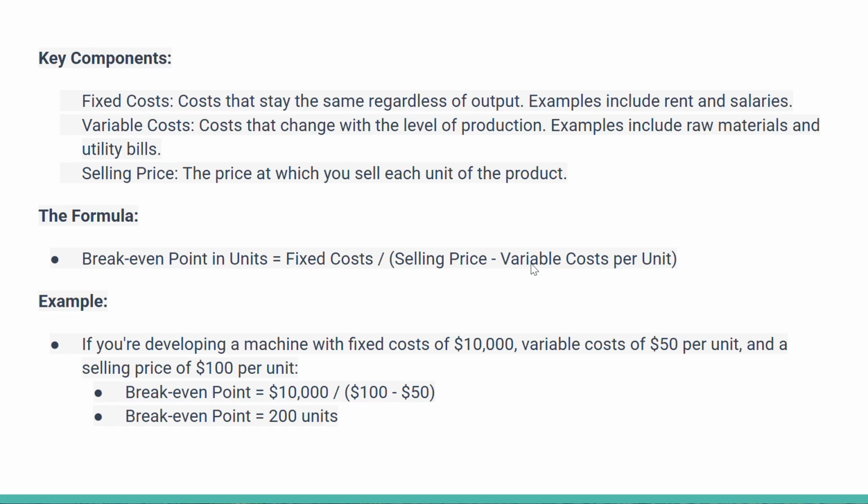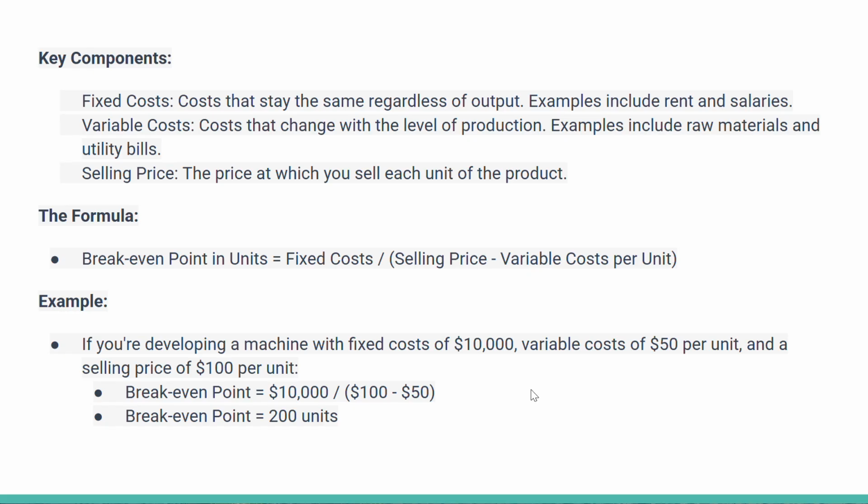If you are developing a machine with a fixed cost of $10,000, variable cost of $50 per unit, and a selling price of $100 per unit, break even point equals $10,000 upon $100 minus $50. So the break even point equals 200 units.